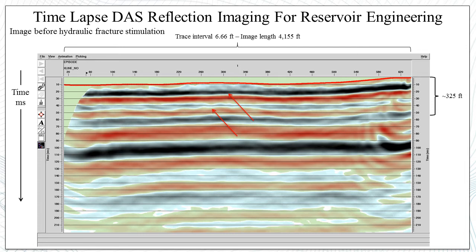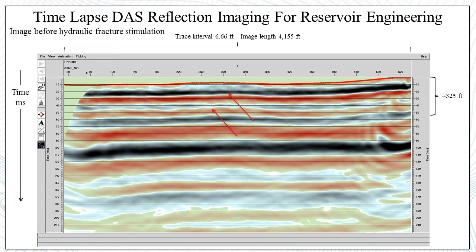These 2 red arrows indicate 2 places to look, and we'll show you the time lapse in a second, episode 1, episode 2. But I just want to direct your eye to 2 different places where we see quite a lot of change. The first one is in this gray reflector at the top, in the 10 to 25 millisecond range.